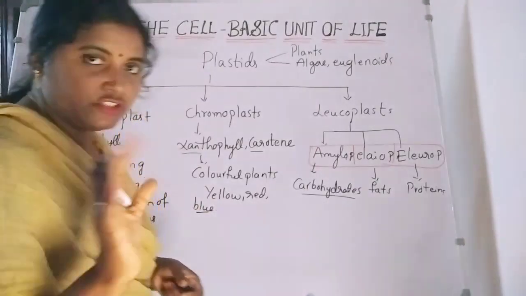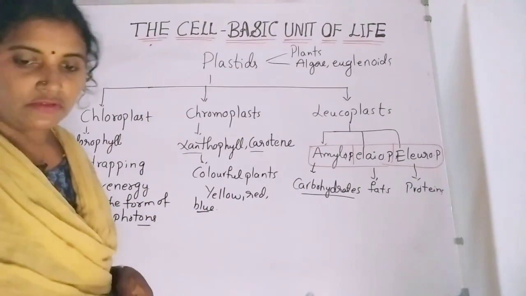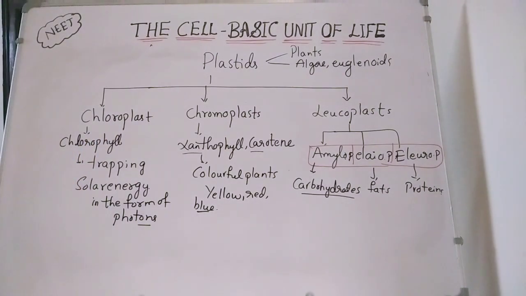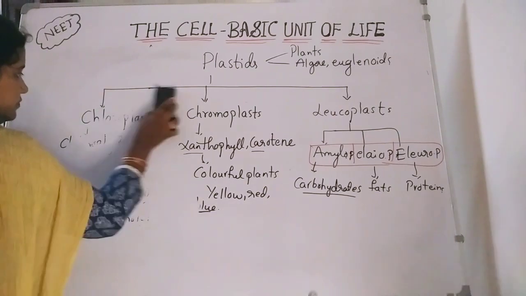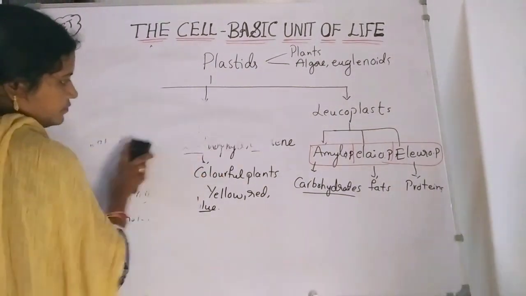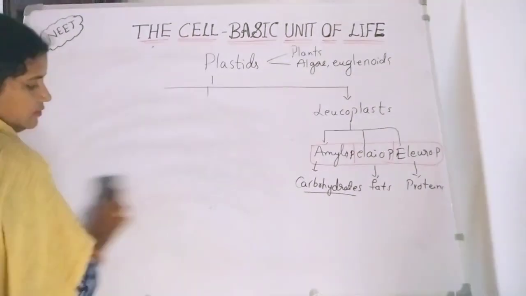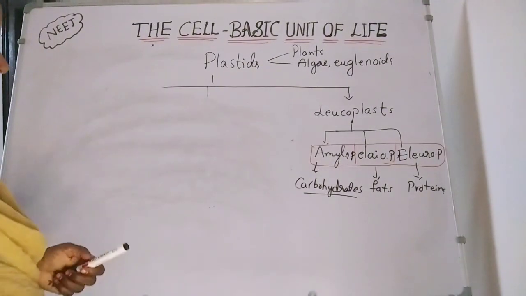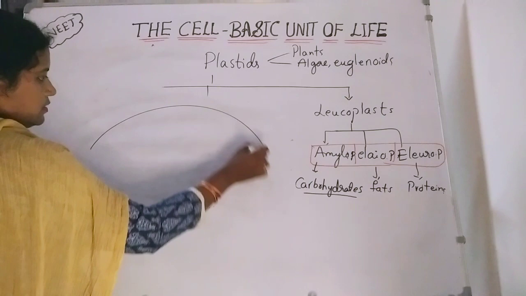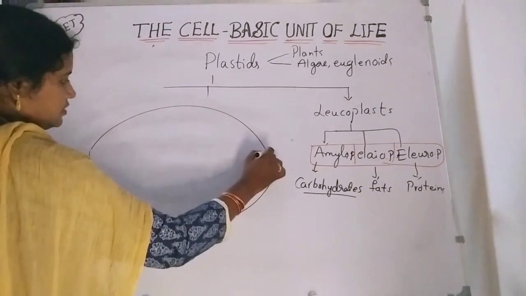Now we will see the structure of the chloroplast. So take the screenshot, all of you. We'll see the simple diagram of chloroplast. Chloroplast is a disc-like structure.